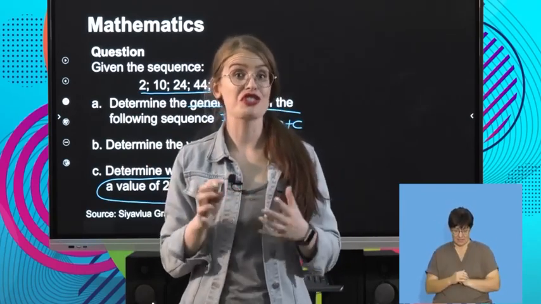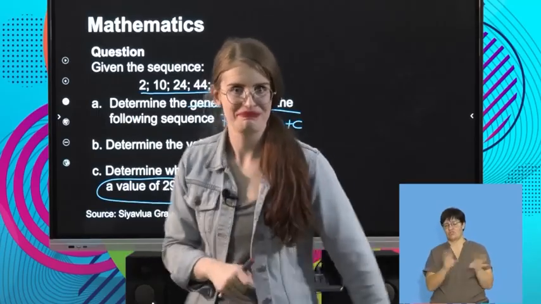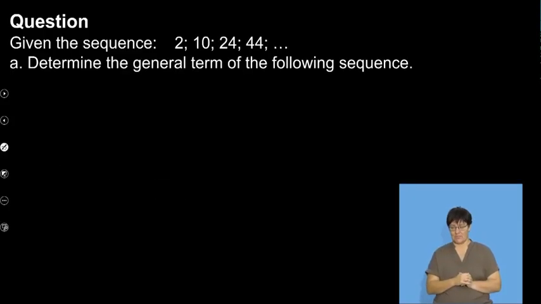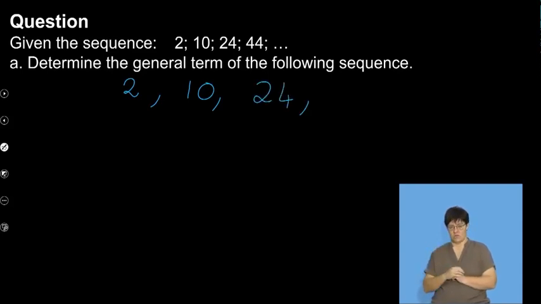Let's go to the board to start working on our general term. So we've got the sequence that goes 2, 10, 24, and 44. The first thing that I'm going to do is look at the first differences of the pattern.